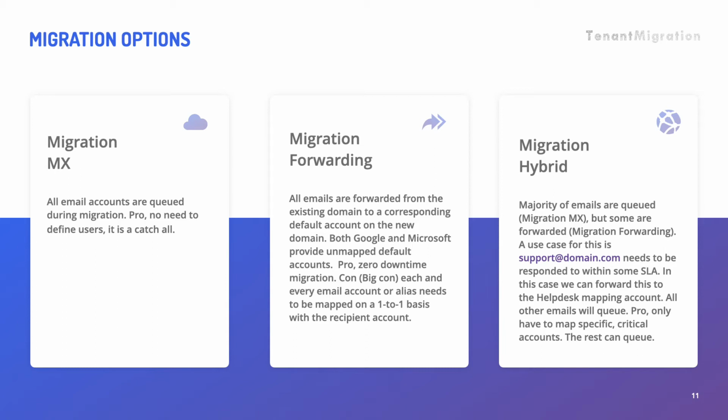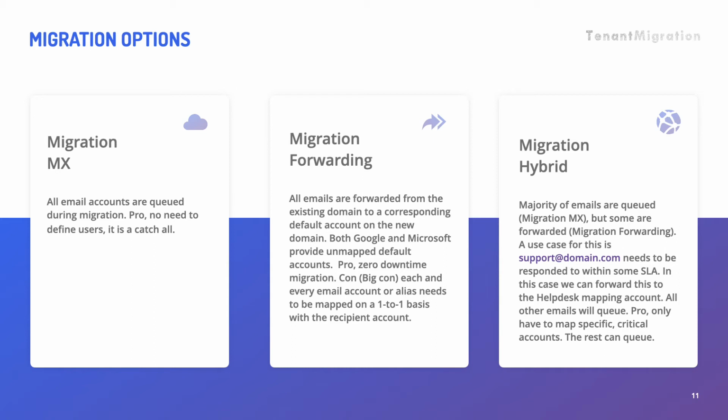With migration forwarding, you need to have a one-to-one mapping of your existing email addresses to your new email addresses for the destination. The destination server could be the default email address that Microsoft provides, or G Suite provides, and we can forward from your existing domain name to this email address.